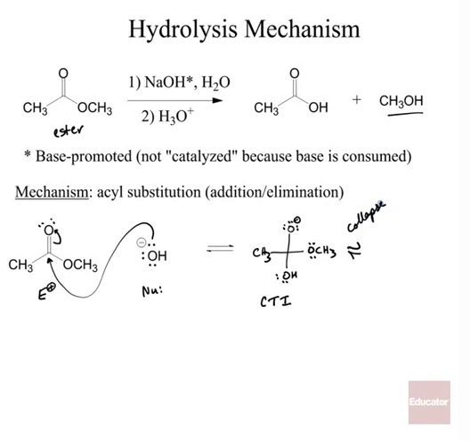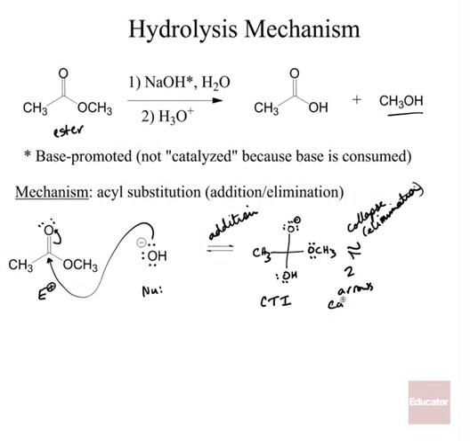So this first step was our addition step. We had addition of our nucleophile into the carbonyl, and our second step here is our elimination step, where we eliminate our leaving group. So what we're going to do here is we're going to do 2 arrows to do this elimination.